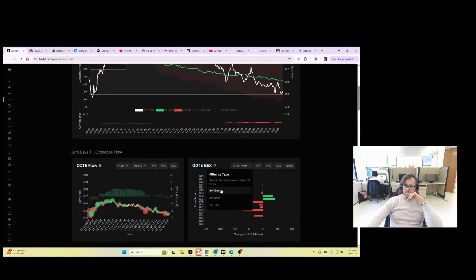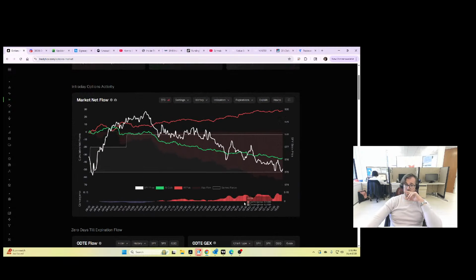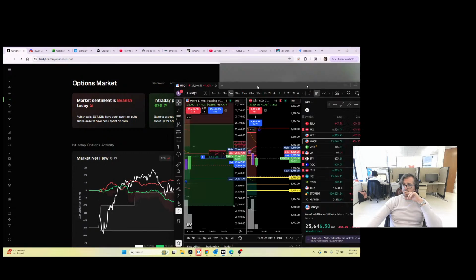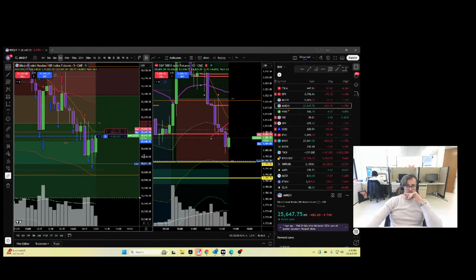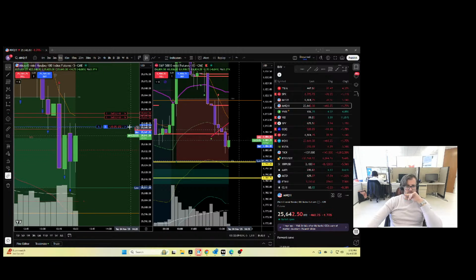SPY. 76. What's SPY at? SPY should, well, but this is all bearish flow. Bearish flow. Couldn't go higher, huh?